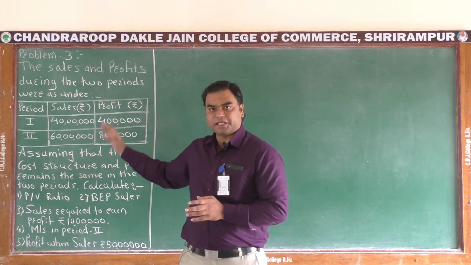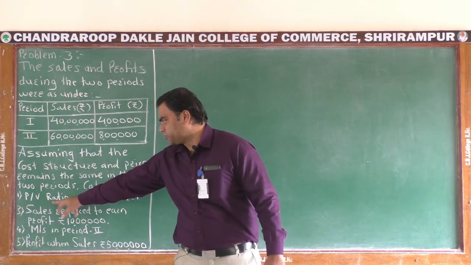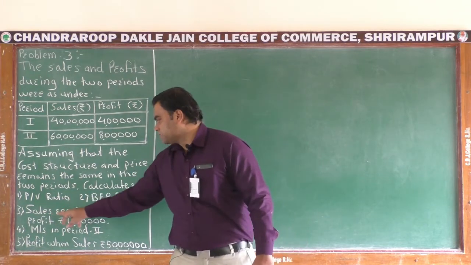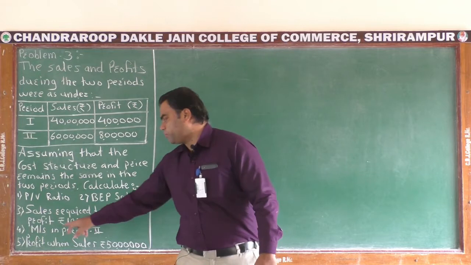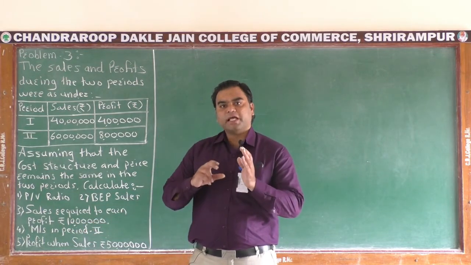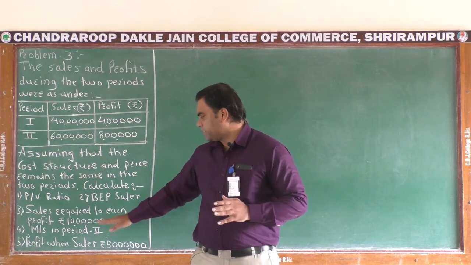By considering this data, we are asked to calculate first PV ratio, second BEP sales in rupees, then third sales required to earn profit rupees 10 lakh. Means how much sales company will have to generate to earn profit rupees 10 lakh.